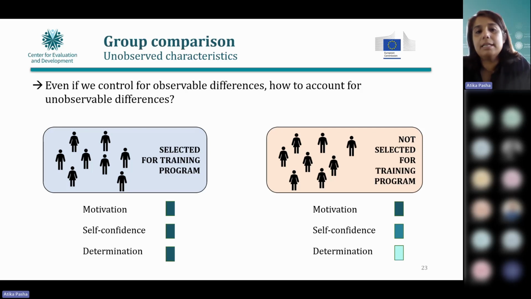And what this implies is that not just in observable characteristics, but also in unobservable characteristics, these groups are different and will therefore perform differently, thereby affecting their eventual outcomes in employment and in terms of income that they have at the end of the program.